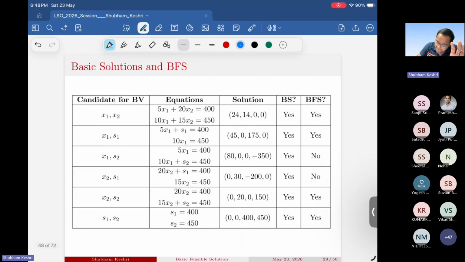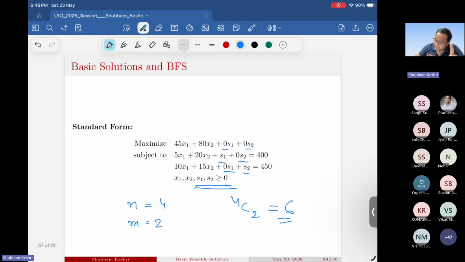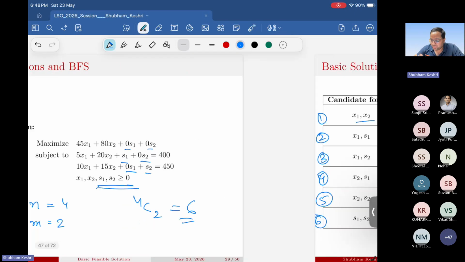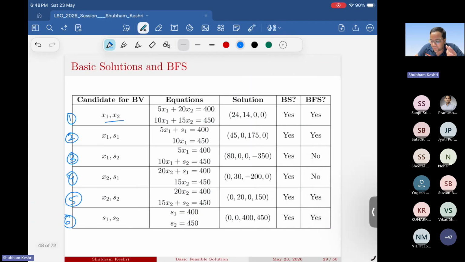So we have 6 cases: 1, 2, 3, 4, 5, and 6. In the first case, we will select x1 and x2 as basic and s1 and s2 as non-basic, and we will put them as 0. Once you put s1 and s2 as 0, you will obtain these two equations. You solve this, you obtain this solution.